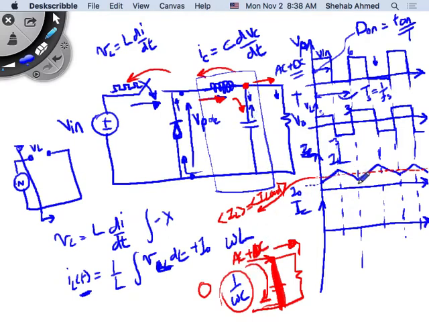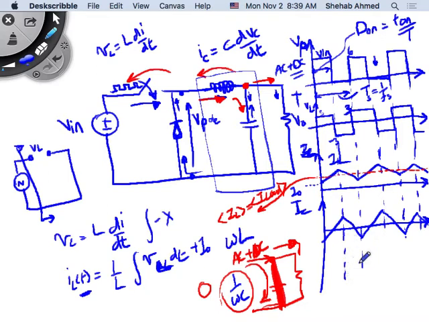So what is the AC component of this blue current? Exactly. I take this blue current and shift it down by the average value. If you shift the blue current down by this red value, it will look like something like this. So this is IC.